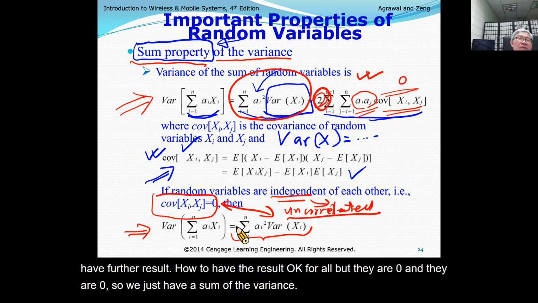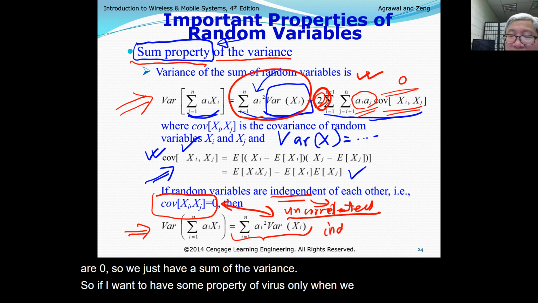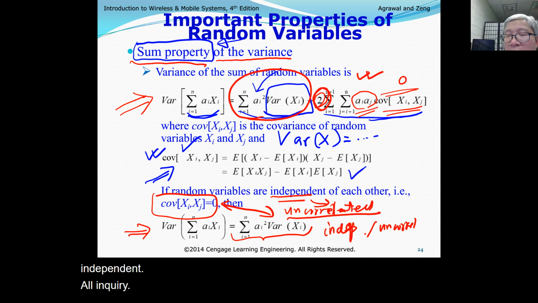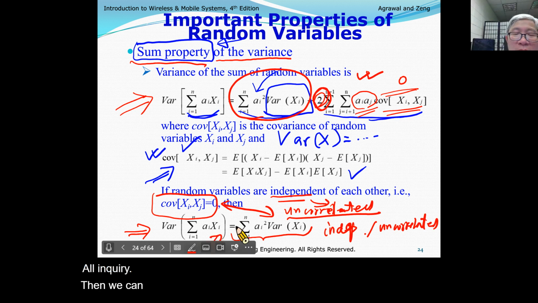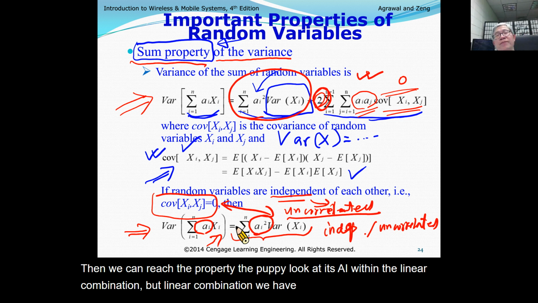So if we want some property of variance, it holds only when we have independent or uncorrelated variables, then we can reach the property. Look at this, ai within the linear combination. By linear combination, we have ai squared.